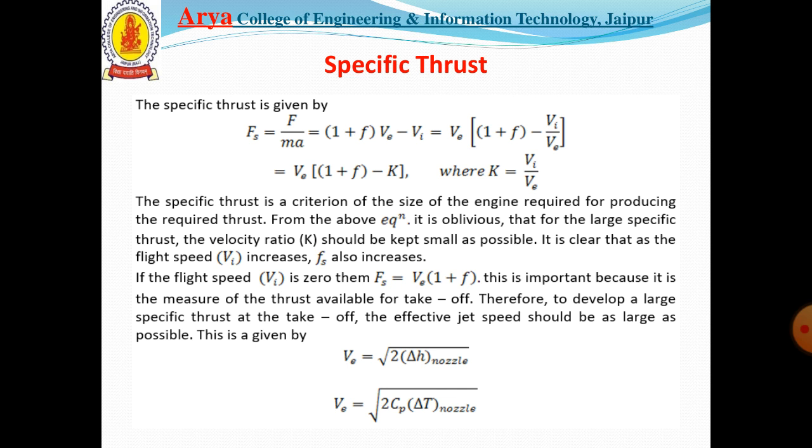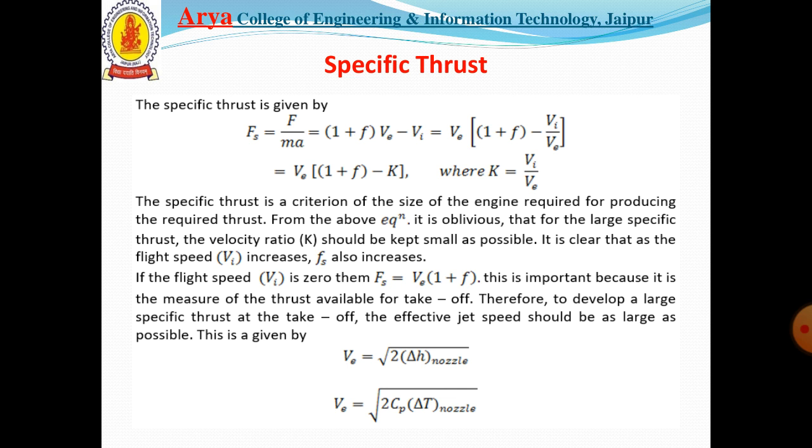The specific thrust is a criterion of the size of the engine required for producing the required thrust. From the above equation, it is obvious that for a large specific thrust, the velocity ratio K should be kept as small as possible. It is clear that as the flight speed V_i increases, the F_s also decreases from the above relation.